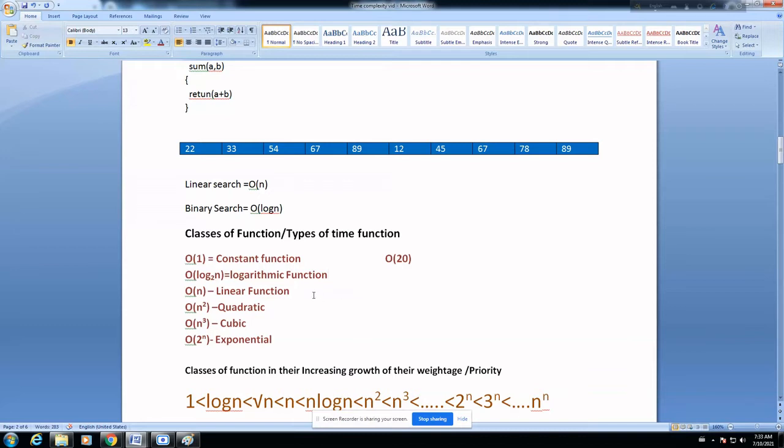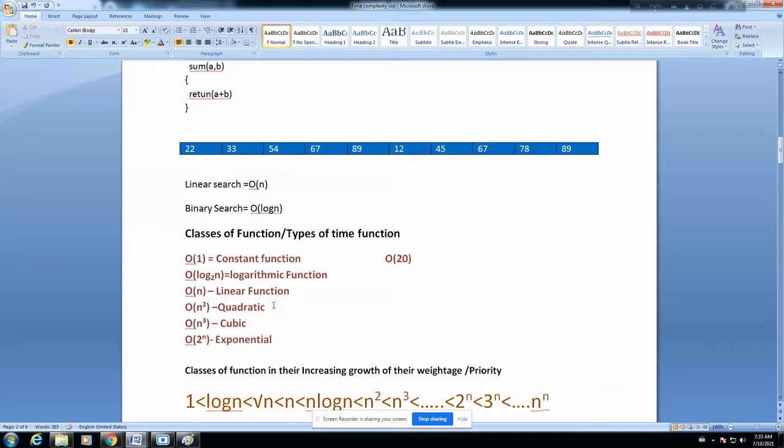Next is O(n), which is known as the linear function. Next one is O(n square), which is known as the quadratic function. O(n cube) is known as the cubic function. And O(2 to the power n) is known as the exponential function.